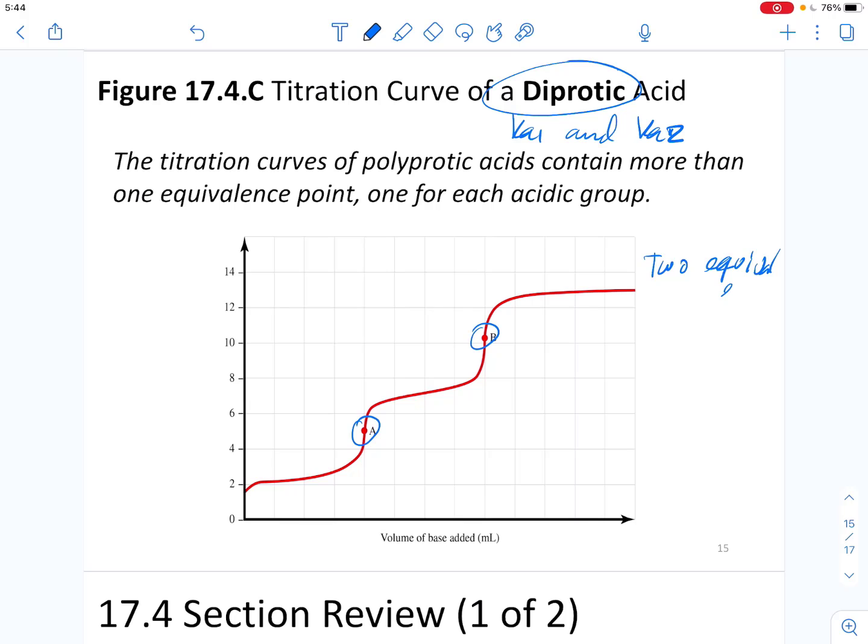So you have buffer zone 1 and then you have buffer zone 2, one for Ka1 and one for Ka2. And here halfway, this is your value for Ka1, and here again halfway on the second point, this is your Ka2.